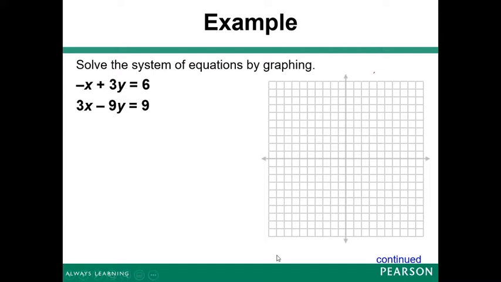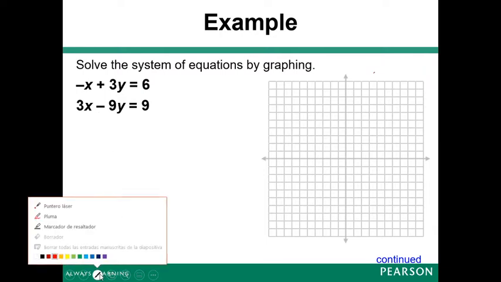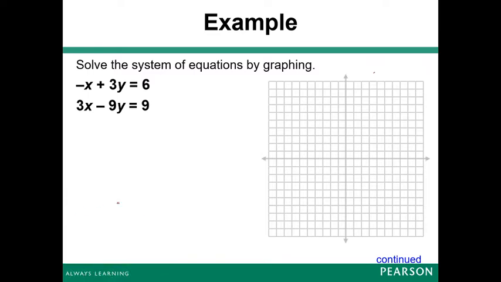Yes, we can solve this system of equations using graphing. The only thing we can do in this case is put all the equations in terms of y. For example, remember that we have equations one and two. The first equation is minus x plus 3y equals 6.